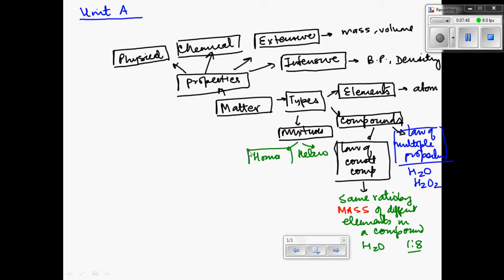Homogeneous mixtures are also called solutions, and for that sample, the composition is the same throughout. If you were to take a teaspoon of sugar and dump it in water and dissolve it nicely, that makes a homogeneous mixture. You take out teaspoon after teaspoon, it's got the same composition throughout.